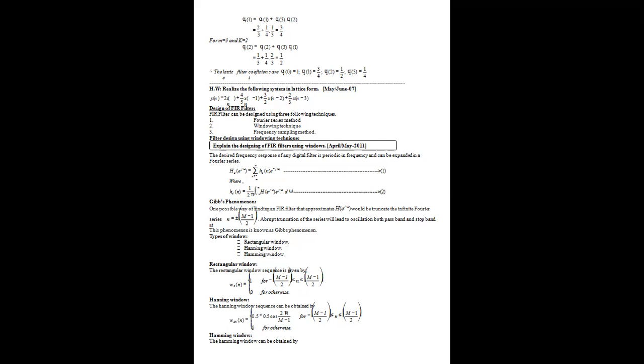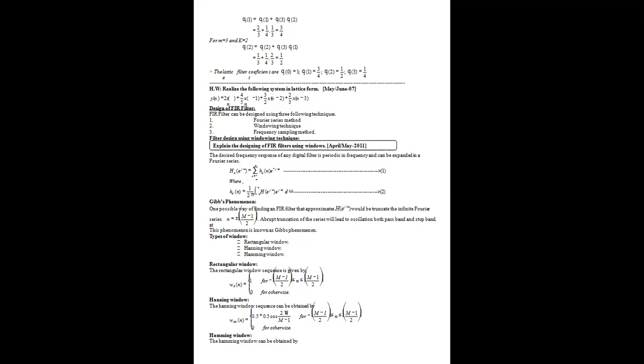An important factor, we have to know what the Gibbs phenomenon is. Okay. So the Gibbs phenomenon is a repeated 2-mark question. Okay. One possible way of finding an FIR filter that approximates H of e power j omega would be truncating the infinite Fourier series, n equivalent to plus or minus m minus 1 by 2. Okay. This abrupt truncation of the series will lead to an oscillation in both passband and stopband.